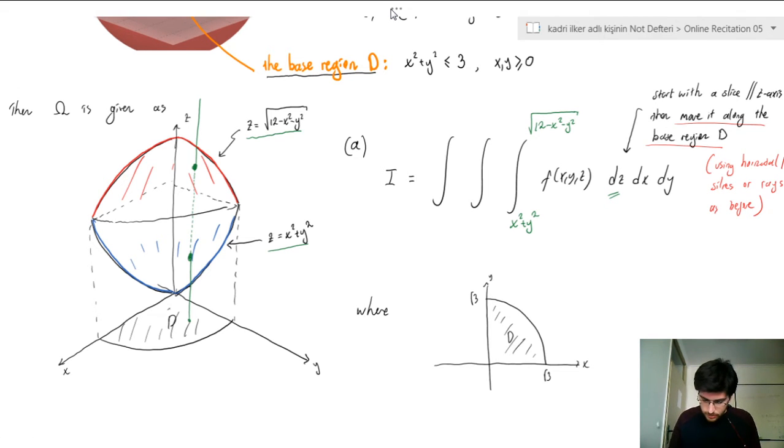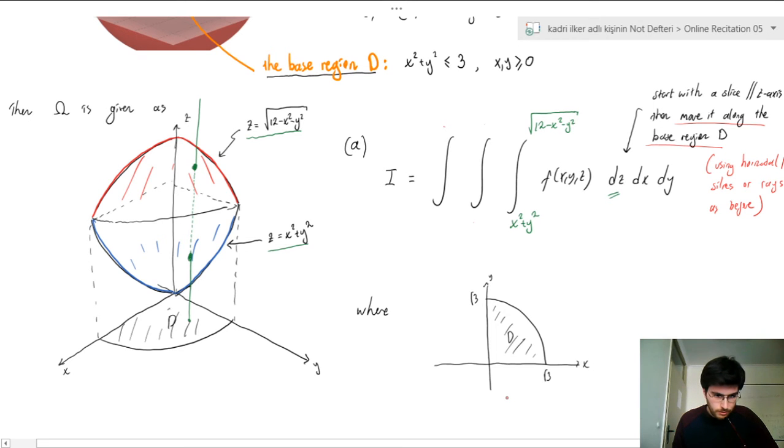So let's try to fill those two slots. We are going to use our standard horizontal and vertical slice business. Let me start with a slice like this.